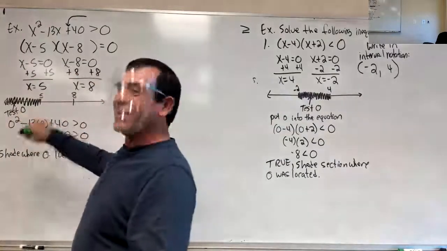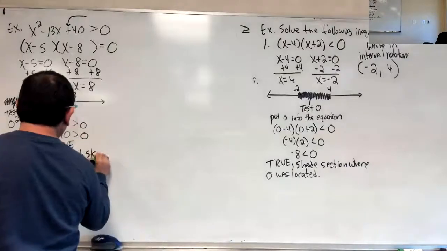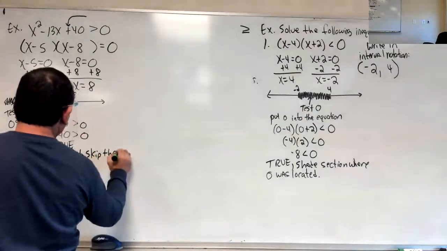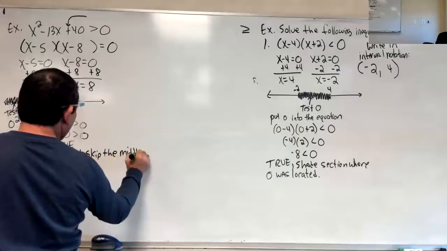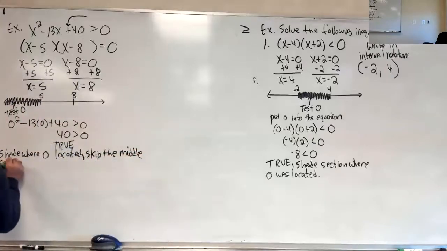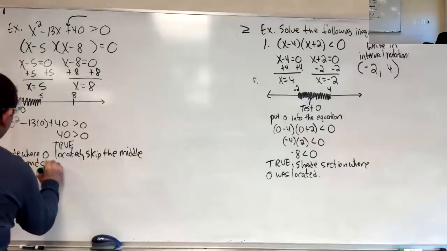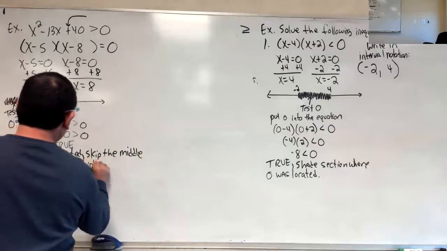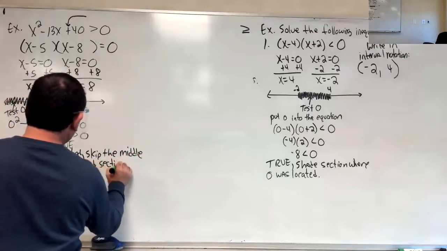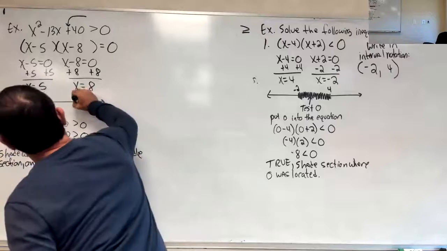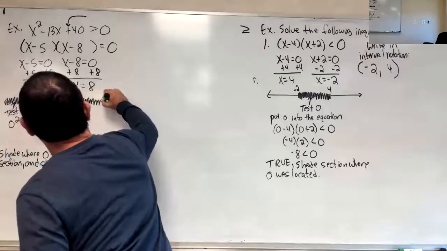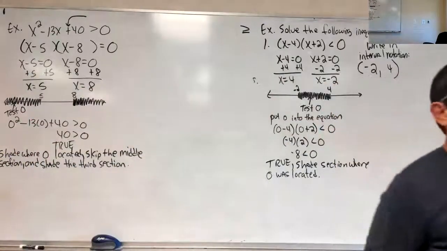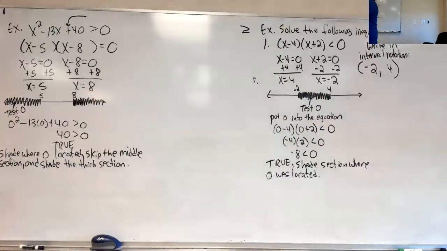Then I will skip the middle section and shade the third section. So now I'm going to shade from the 8 to my infinity. Okay. So they're either going to shade centers only or outsides only.